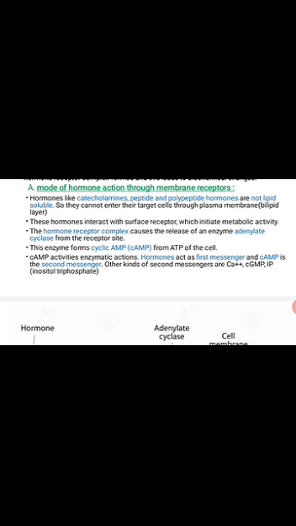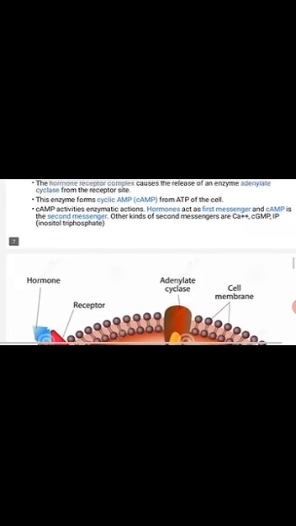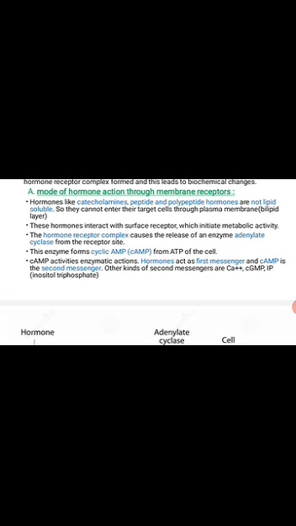Other kinds of second messengers are Ca++, cGMP, and IP3, that is, inositol triphosphate. So I am telling the meaning of this. The hormone-receptor complex is formed when the hormone interacts with the surface receptor present on the cell membrane. It binds with that receptor and forms the complex.